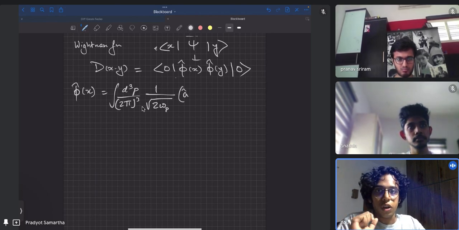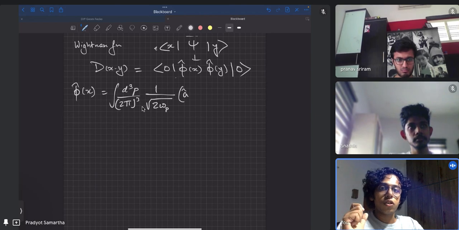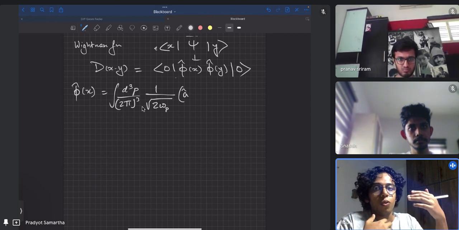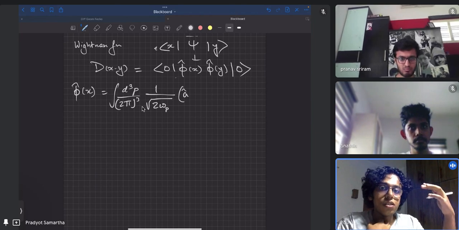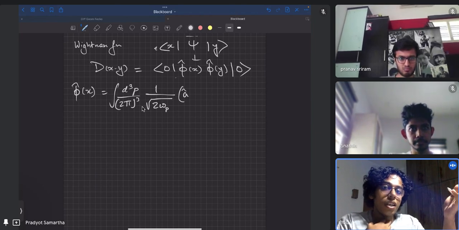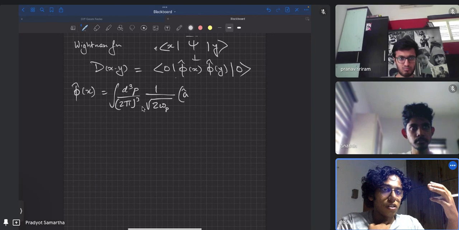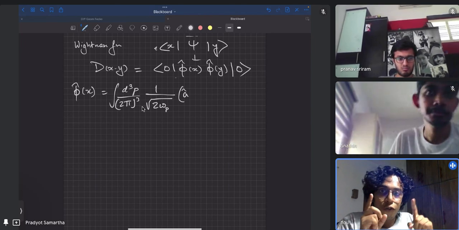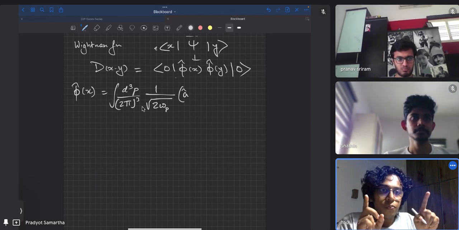So obviously, when you transfer from the position to the momentum space in QFT, unlike in quantum mechanics, you get two kinds of solutions, which you call the ladder operators. So it can either create particles or annihilate particles. So you have two solutions, which are orthogonal wave functions, right?